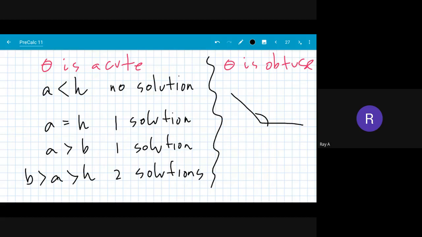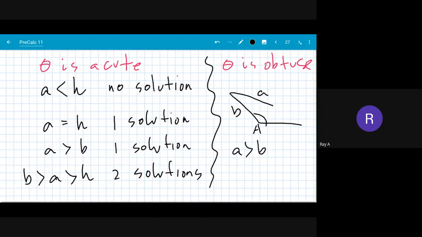And then you have B here, this is angle A, this is side A, okay? So the only time when there is a solution is when A is greater than B. There is going to be one solution.